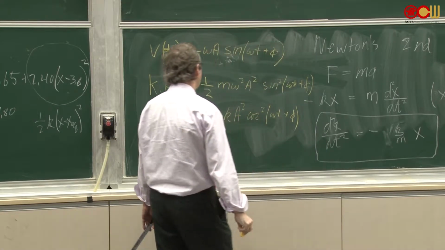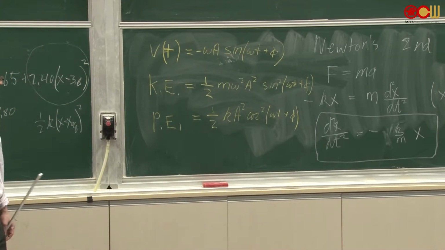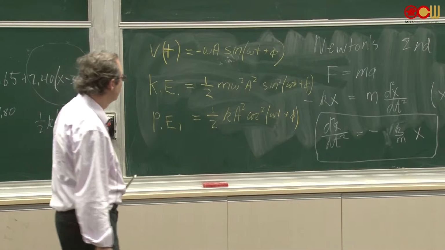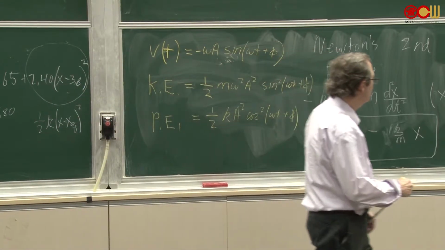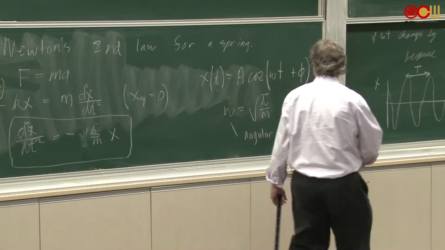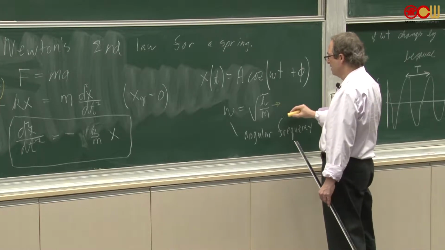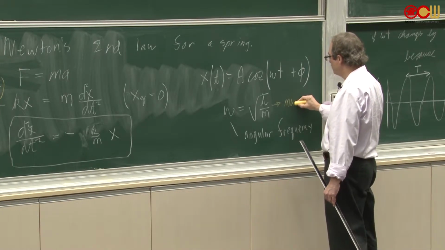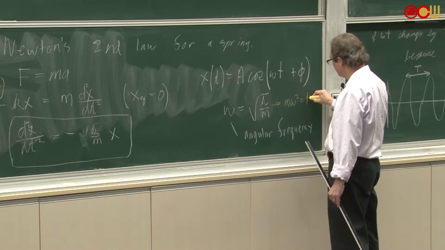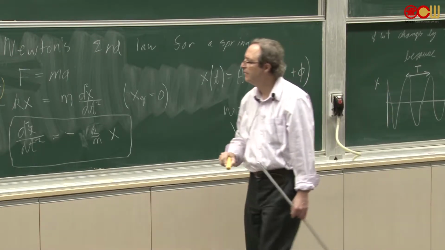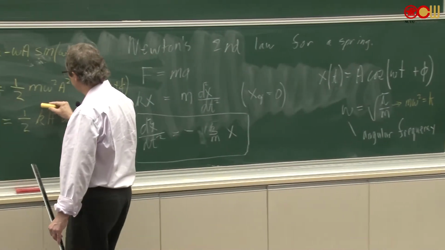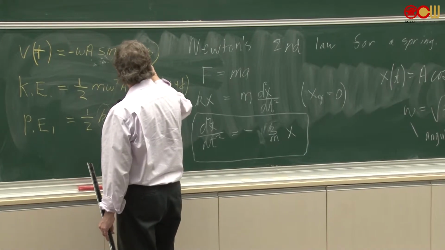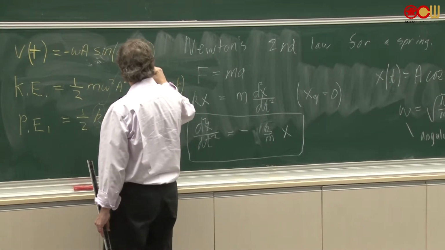All right. So I want to add those together. Notice from this here, this implies that m omega squared equals k. So I'm going to replace this k by m omega squared.